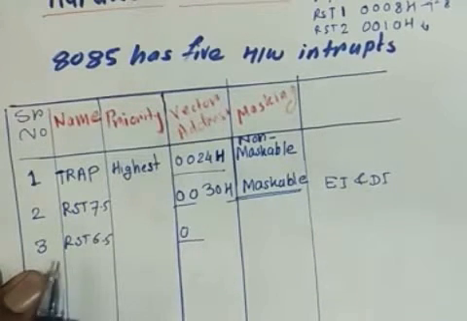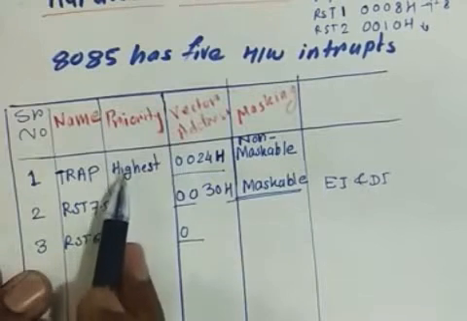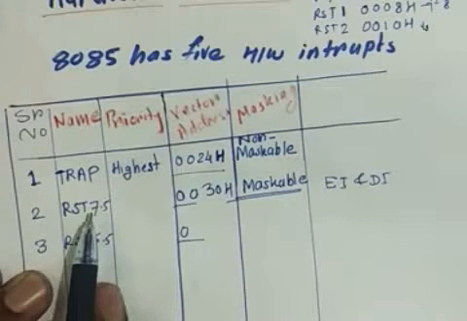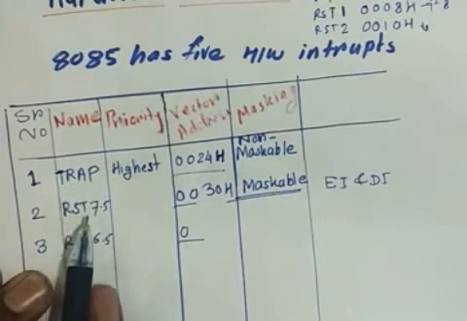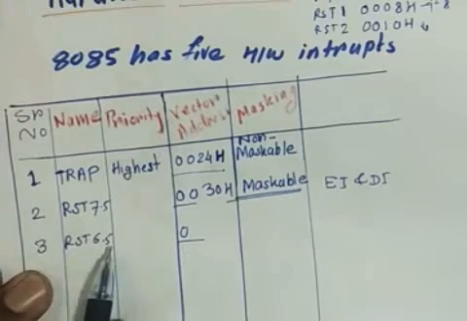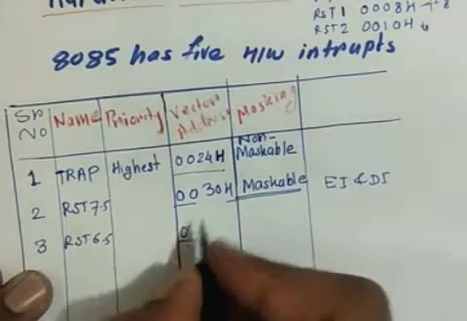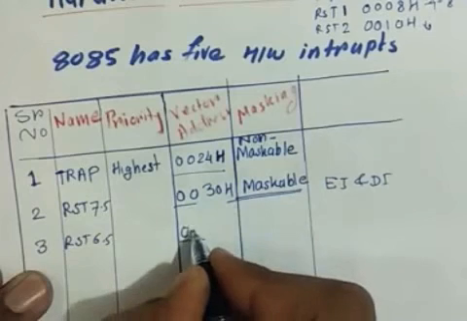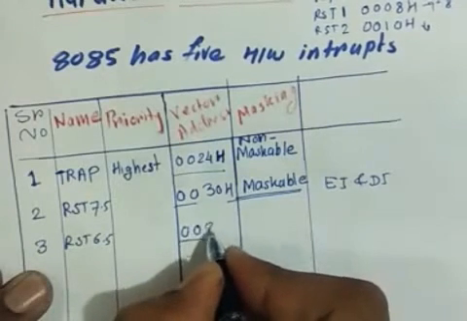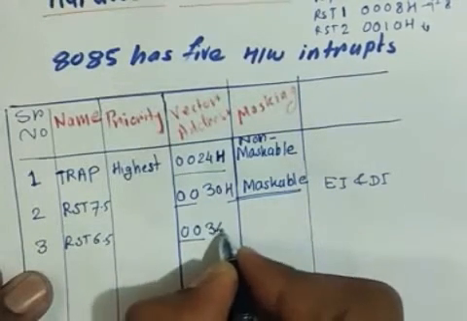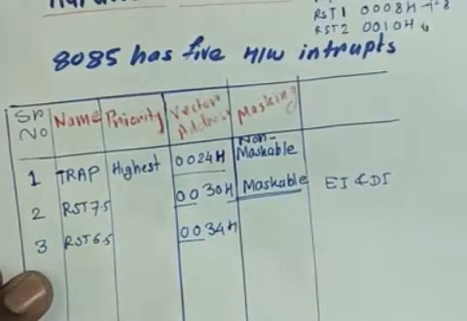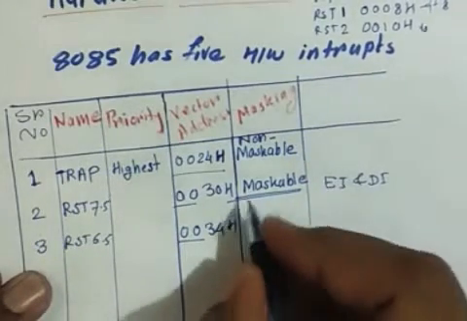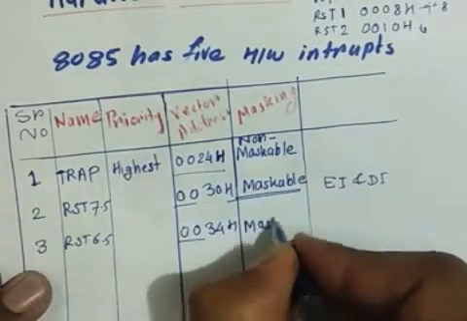For this RST 6.5, the priority is lower as compared to TRAP and RST 7.5. The vector address is 0034H. Again this interrupt is also maskable.